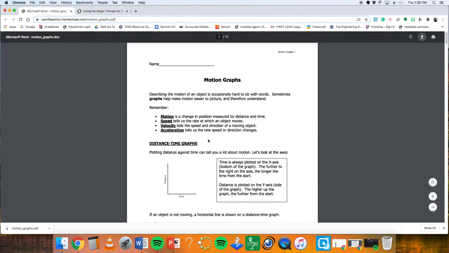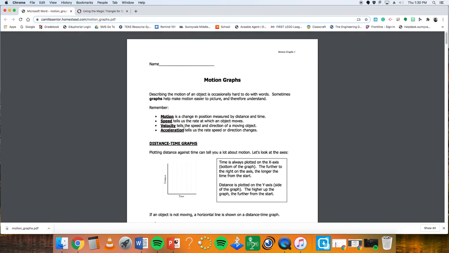In fact, speed and velocity are the exact same thing, except for one difference. With speed, it just gives you the distance and the time, like 60 miles per hour is a speed. But if you want to turn that into a velocity, all you need to do is add a direction.